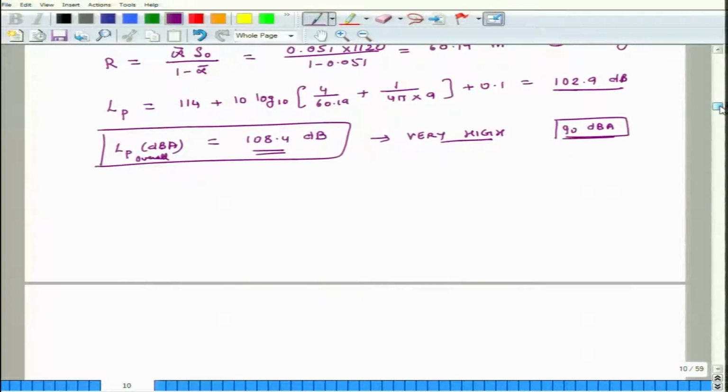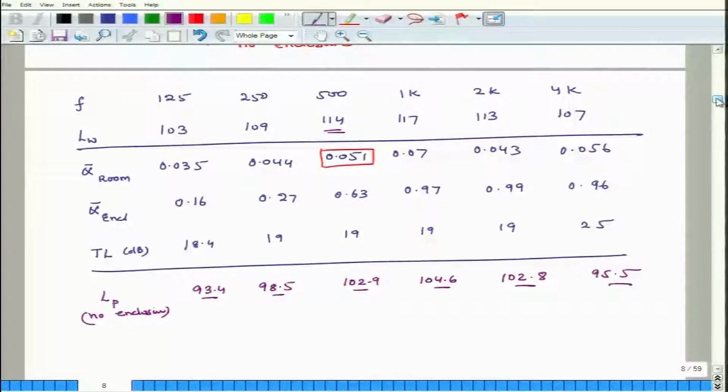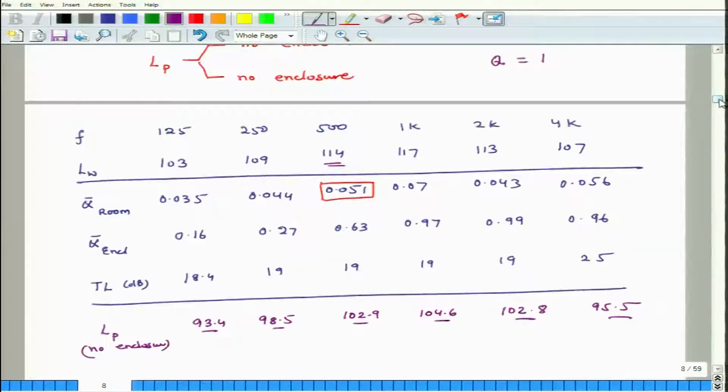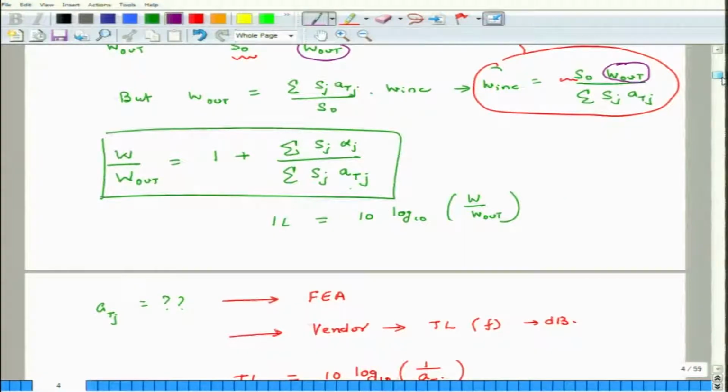To do that, we have to consider the effect of enclosure. Once the enclosure is there, the amount of sound which will be coming out will be less, and what we have to compute is W out. W out can be computed by this relation: 1 plus Sj divided by alpha j, divided by the sum of Sj times Atj.